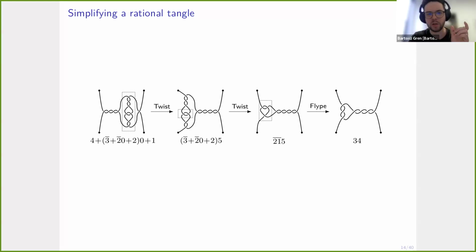Such an operation we call a twist. The same thing we can do with the second diagram. There is a marked rectangle, and over there, we can rotate this part of the diagram around the vertical axis. And it will simplify our rectangle even more.